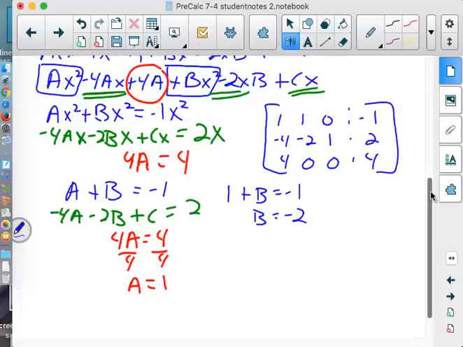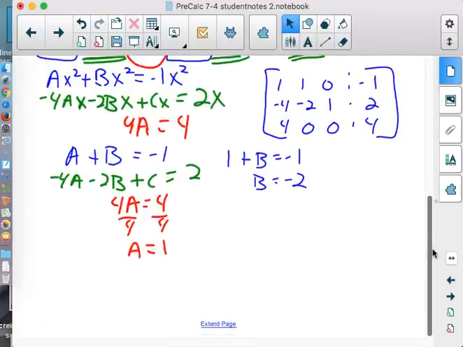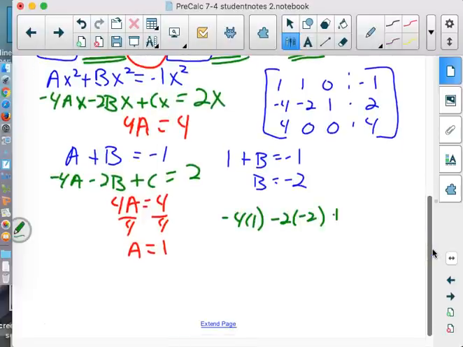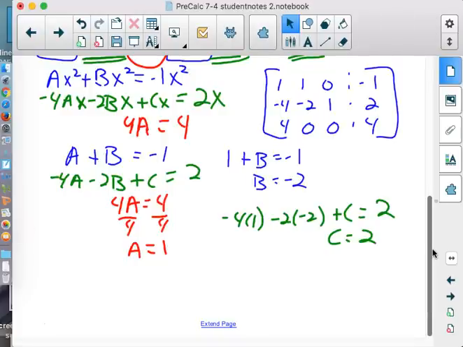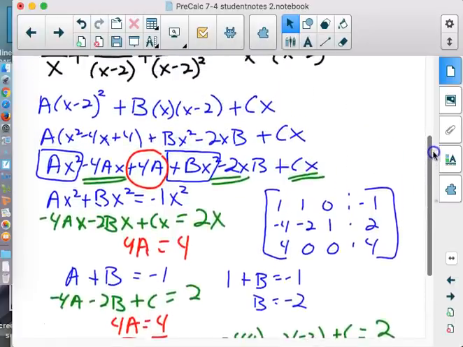And now that I know A and B, I can go back to my green equation, my second equation. Do a little simplifying. -4 plus 4 is 0, so C equals 2. So now that I've found A, B, and C, if we're doing partial fraction decomposition, we go back and say, okay, here's what the fraction looks like.